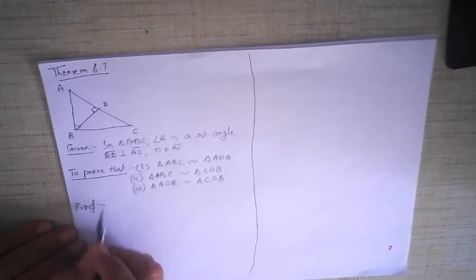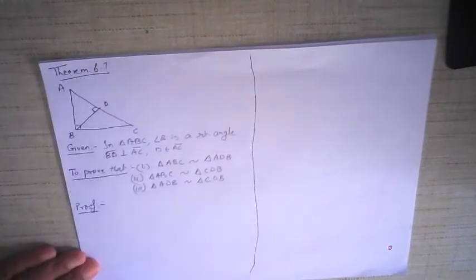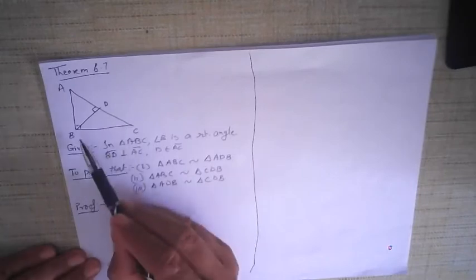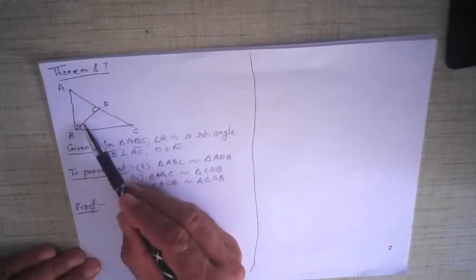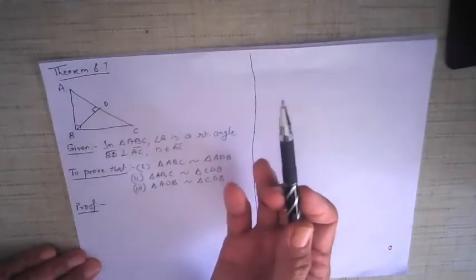But before I begin with the proof, once again, what is theorem 6.7? You will understand this better from this diagram and what I have written, given, and to prove. I am reading out to you the statement of the theorem.